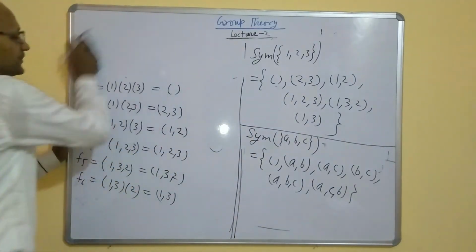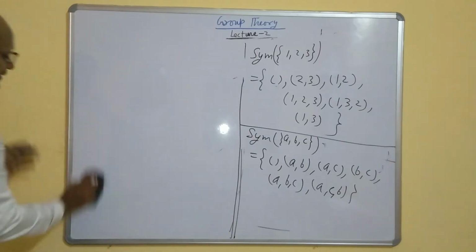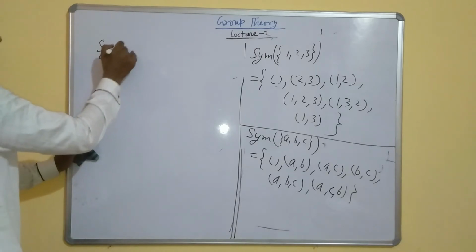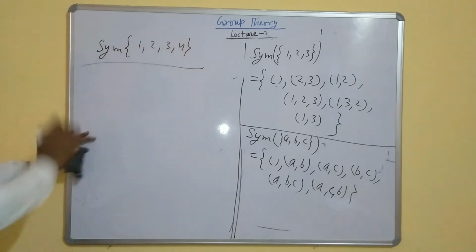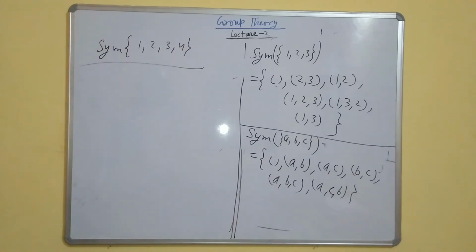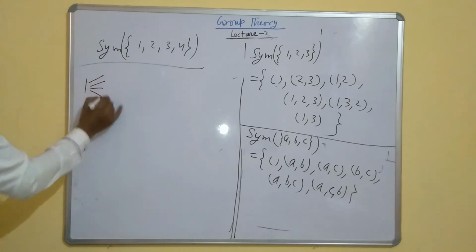Now one more thing. Suppose I have 4 elements in the set. Suppose I take Sym of 1, 2, 3, 4. So how many elements will this symmetric group have? I have 4 choices for 1.